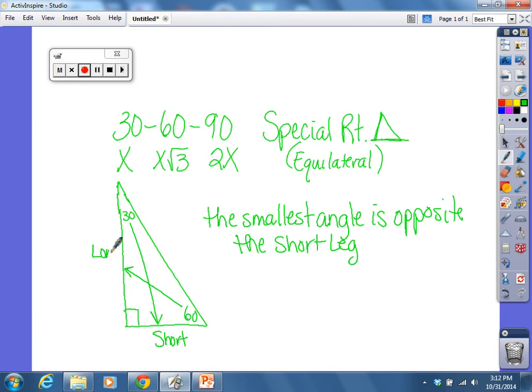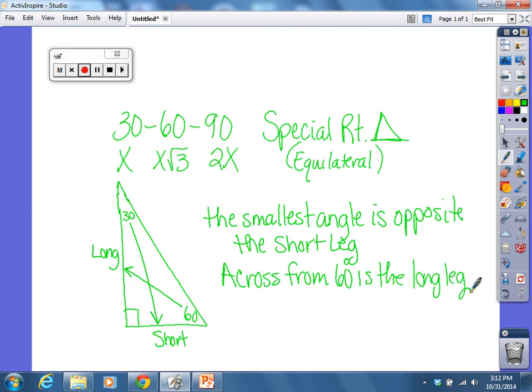They call this the long leg. So across from 60 is the long leg. And then of course across from the 90 degrees is always your hypotenuse. Okay, so we need to know that when we're actually working the problems.